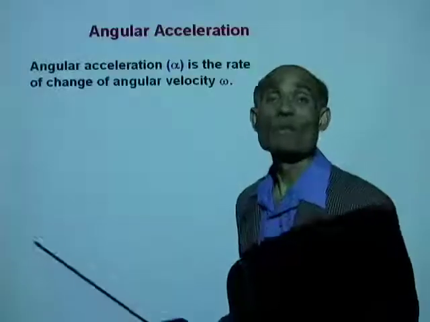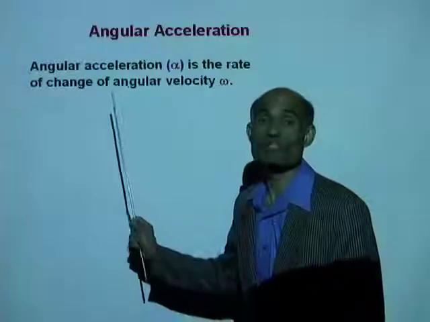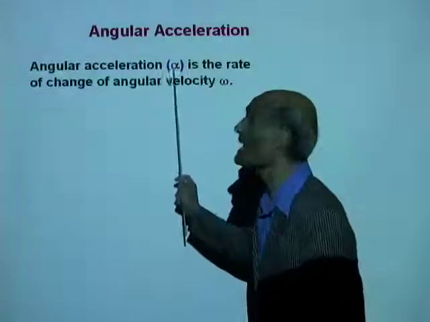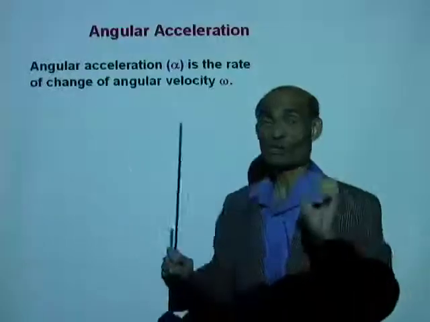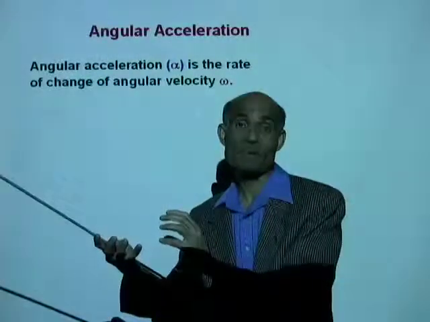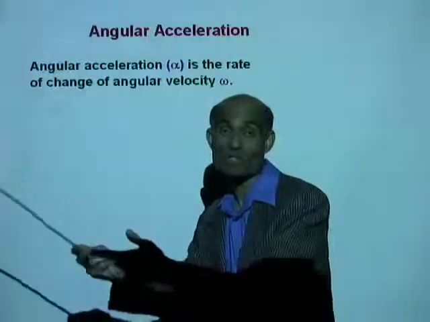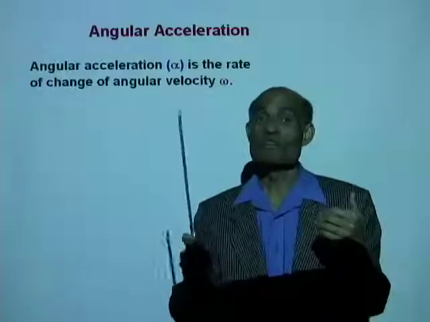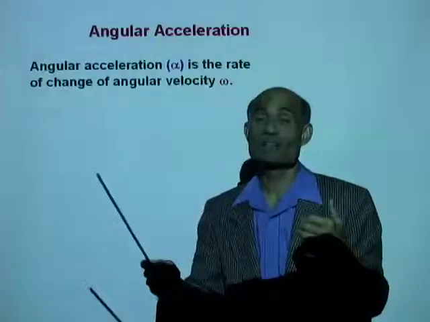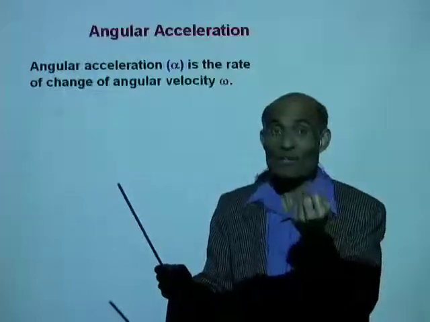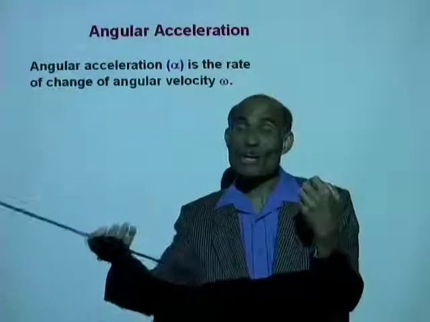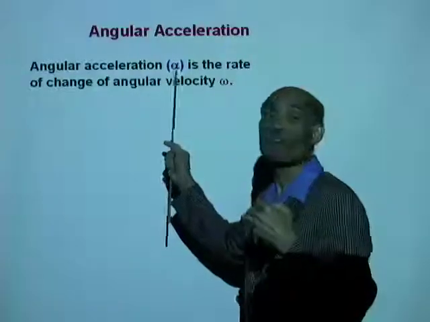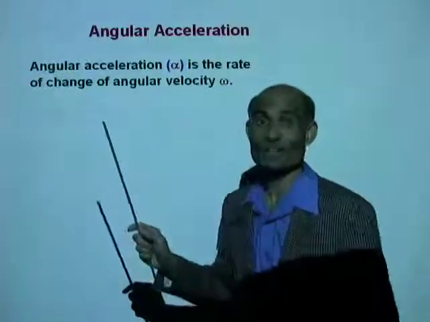Well, let's now talk about the angular acceleration of a rotating disk. We will represent angular acceleration of a rotating object by alpha. So you can see we are using English alphabets for linear motion and Greek alphabet for rotational motion, right? V for linear velocity, omega for angular velocity, a for linear acceleration, alpha for angular acceleration.